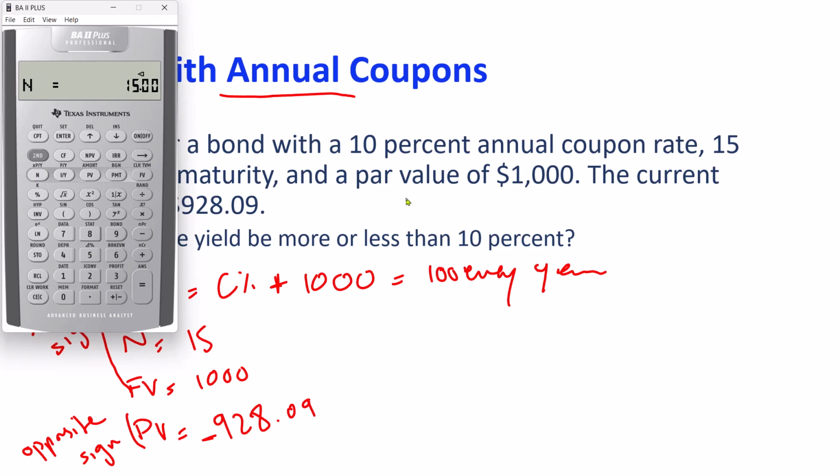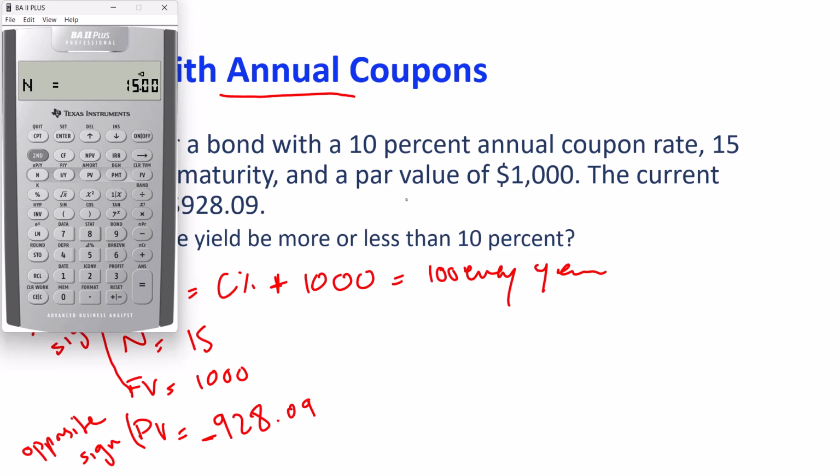So the question is asking, first of all, would you think this yield will be more or less than the coupon rate, more or less than 10%? Because the price of the bond is less than $1,000. If you remember the relationships that we talked about before, because the price of the bond is less than $1,000, this is considered a discount bond.